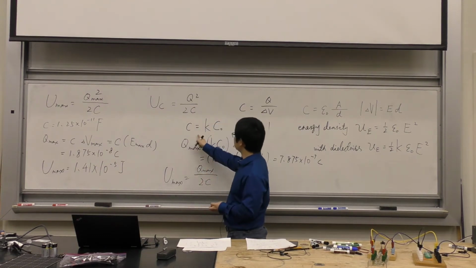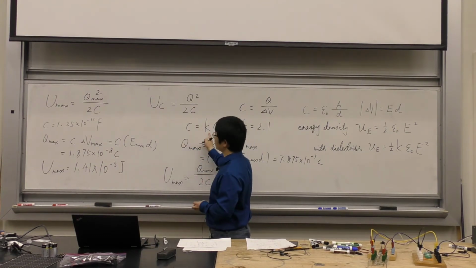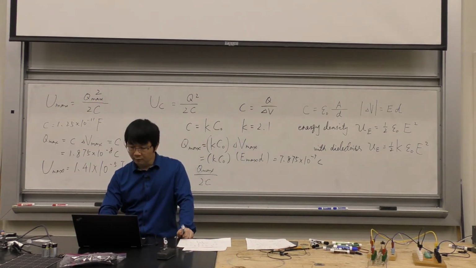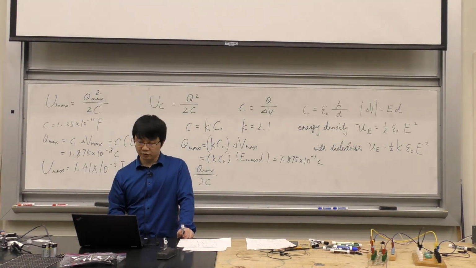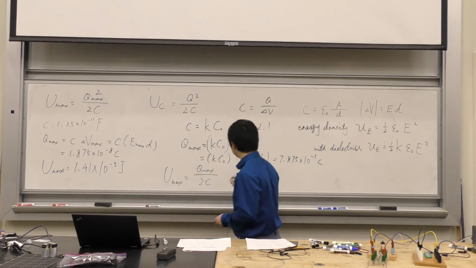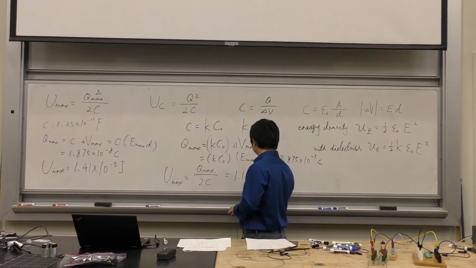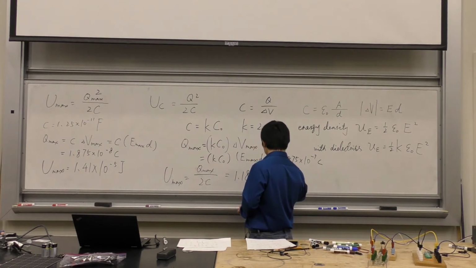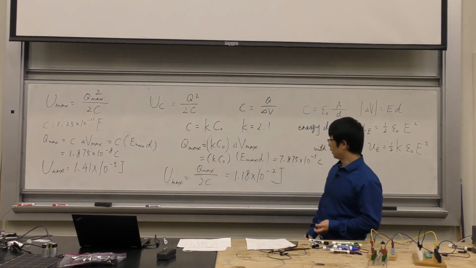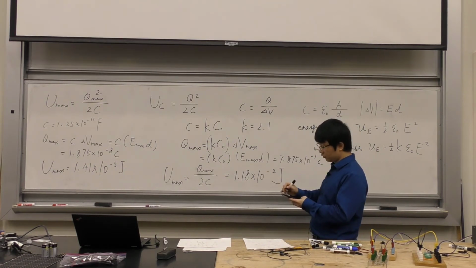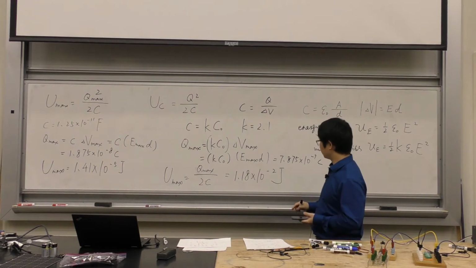But again, this C is going to be the original C multiplied by this dielectric constant. Now I can pause the video and find the C, and find the maximum energy. Okay, so the energy I found, I put all the numbers in. If you divide them, you see this is what you get when you have Teflon.